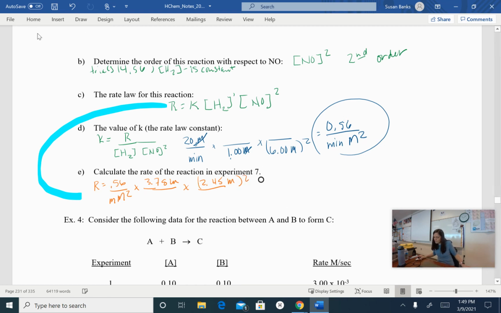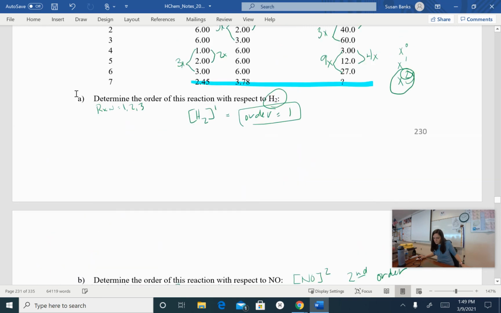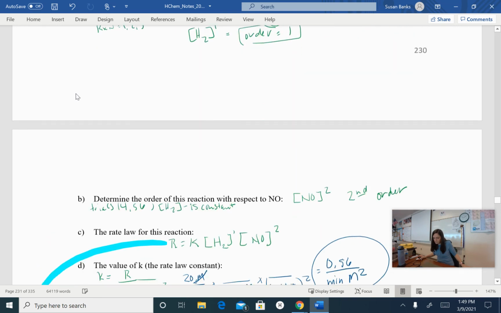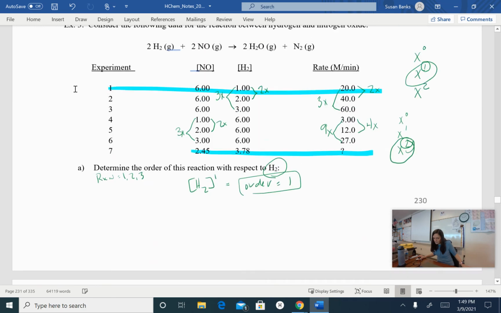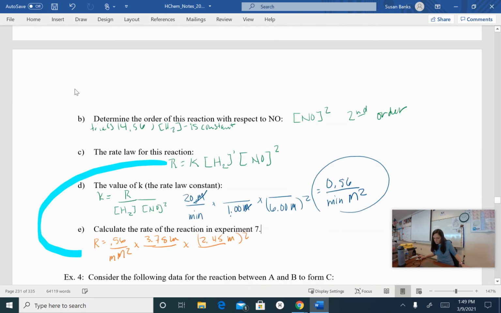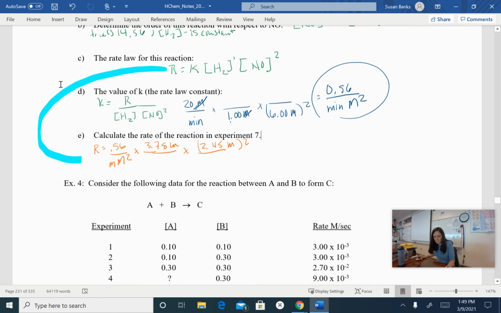Now I want to make sure that I've got those numbers correct. So I'm going to scroll up. Yeah, that is correct.